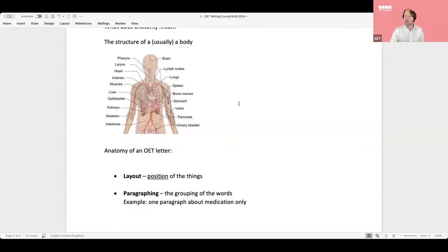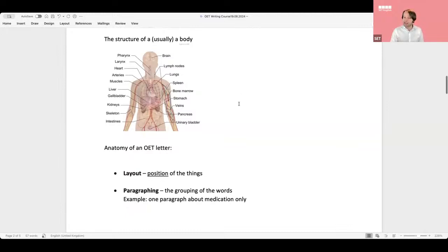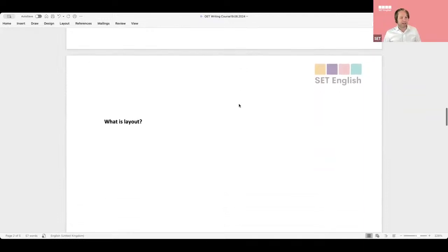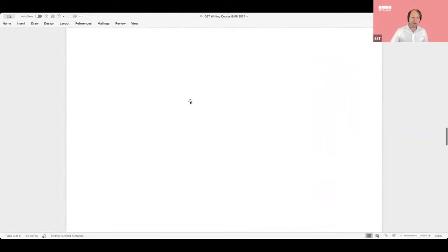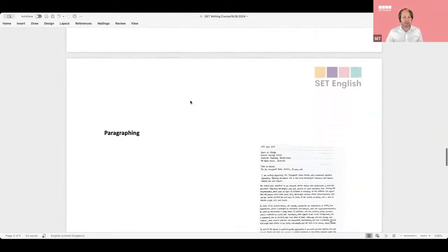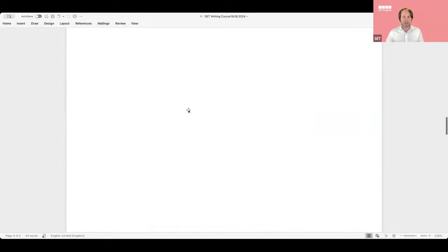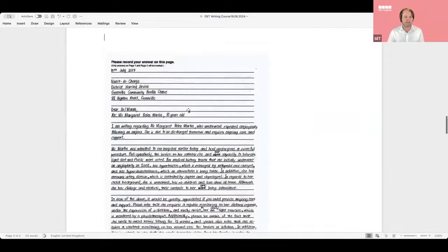I'm going to show you a letter. Is everyone ready if I show you a letter? Yes. Okay, so this is a really beautiful letter that you can see. Can everyone see this?